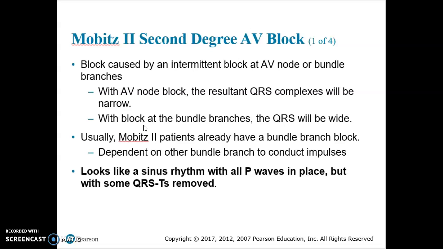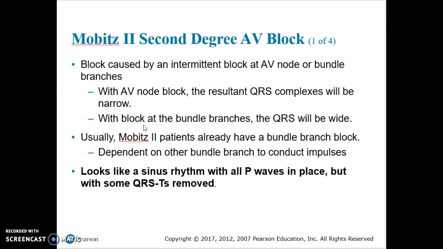With the Mobitz 2, it looks like a sinus rhythm with all the P waves in place, but with some of the QRS waves and the T's being removed. In Mobitz 2 second degree AV blocks, the rhythm originates in the sinus node, giving us those P waves.